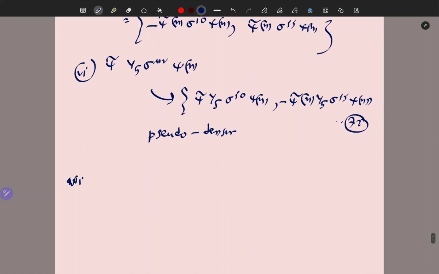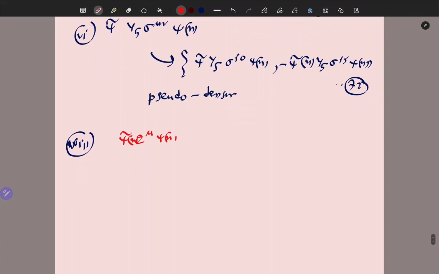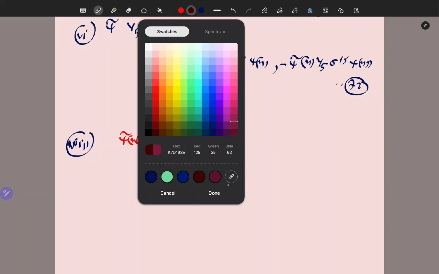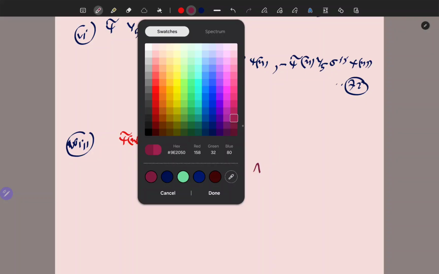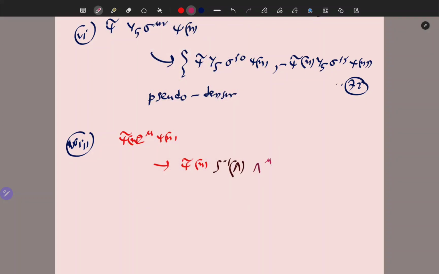Now 7. psi tilde of x q mu psi of x. As q mu is the 4 momentum, under Lorentz transformation, this is psi tilde of x S inverse of lambda lambda mu nu q nu S of lambda psi of x, which is lambda mu nu psi tilde of x q nu psi of x.